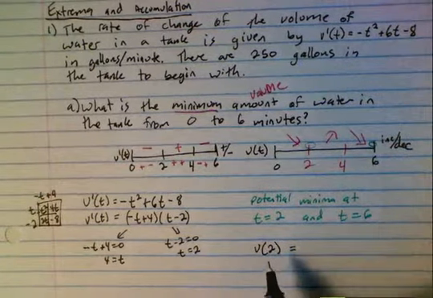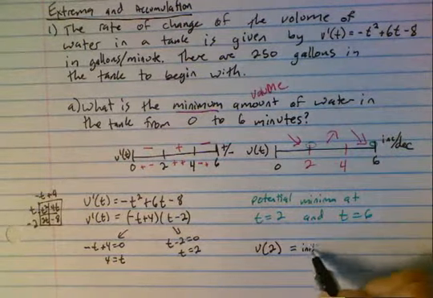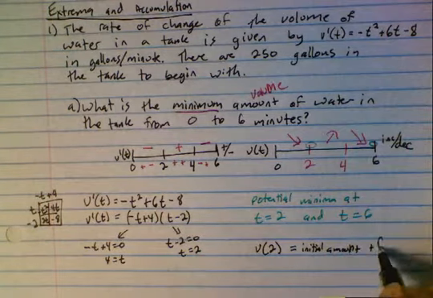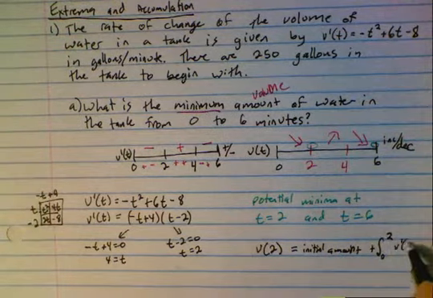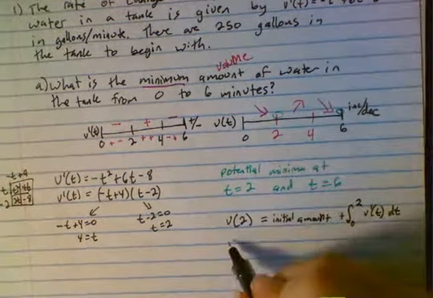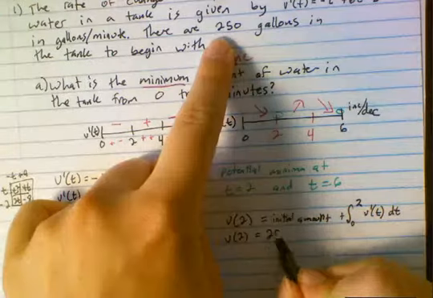We know that how much water is in the tank at t equals 2 is going to be the initial amount plus the integral from 0 to 2 of V prime of t. We know that initial amount was 250 gallons.